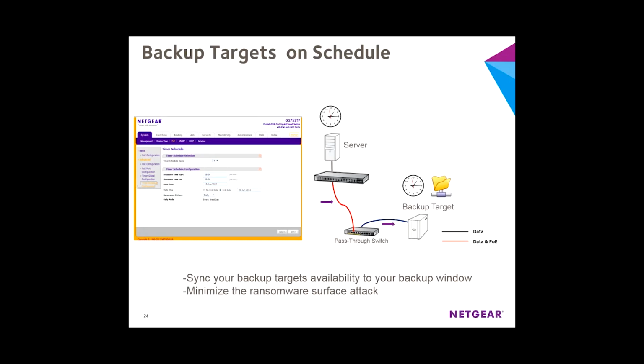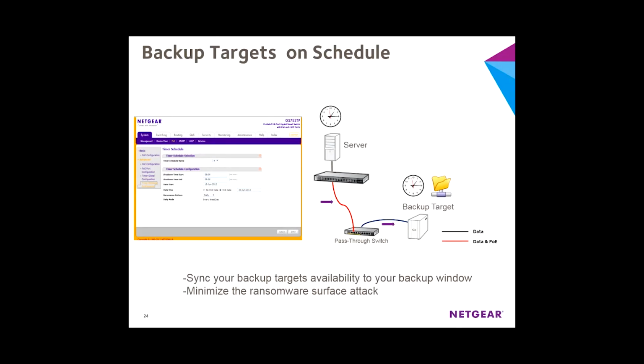We can set up a PoE timer where the PoE port delivers power, for example, from 5 a.m. to 7 a.m. Because this is a pass-through switch, it is only going to be active when it gets power from the main switch.